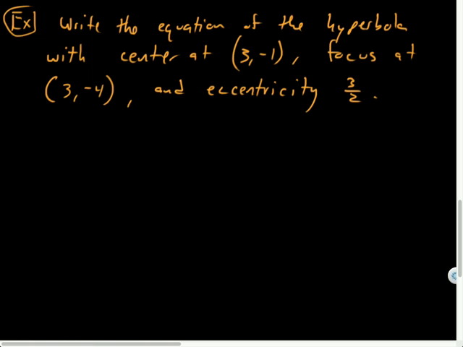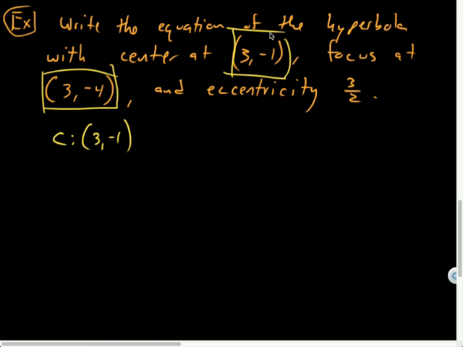So let's figure out what facts I know. I know the center, so that's good news. That's always a helpful one to know. I know a focal point. So if I want to find the length c, I could find that by finding the distance between those two points, from the center to a focus.